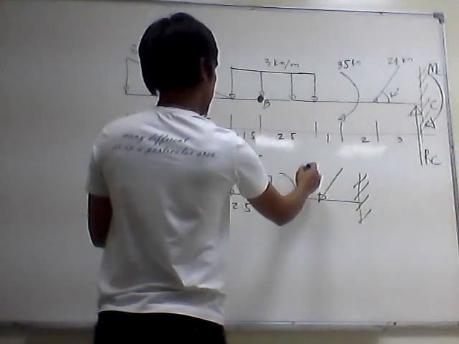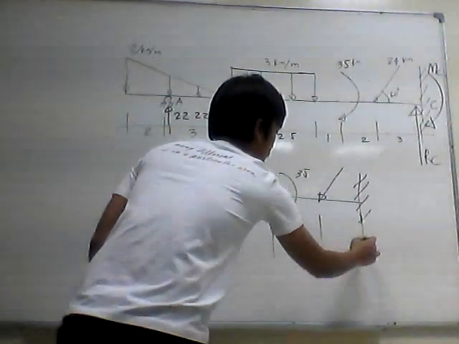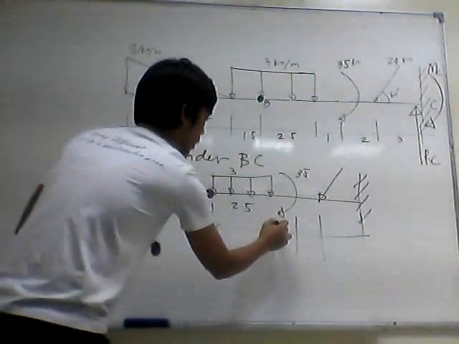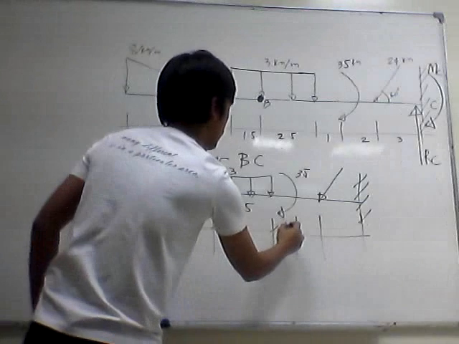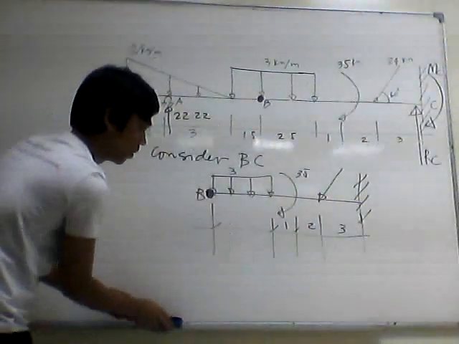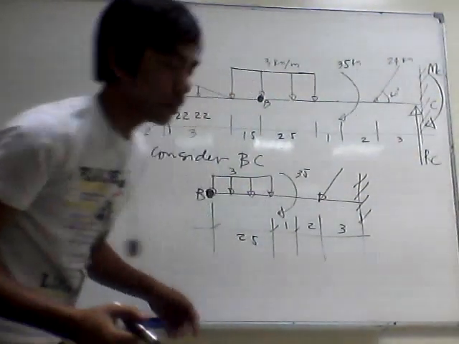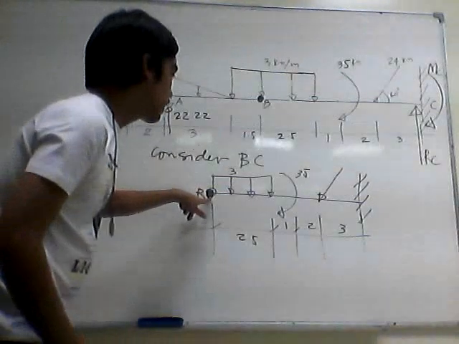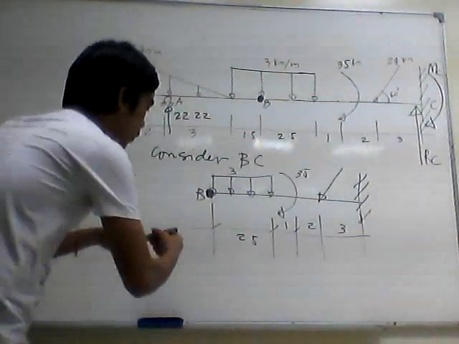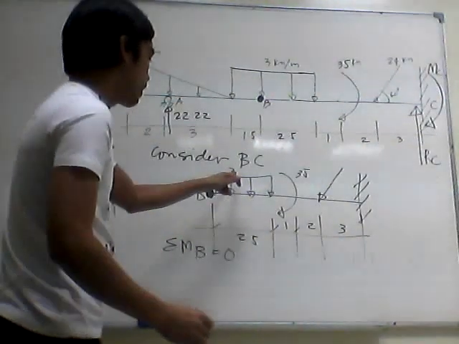It's 35. So we have these distances. This is 1, this is 2, this is 3. Okay. So taking summation of moment at B equal to 0. Summation of moment at B equals 0.